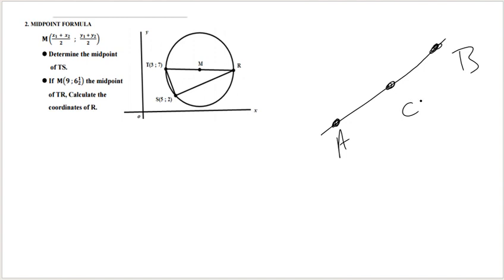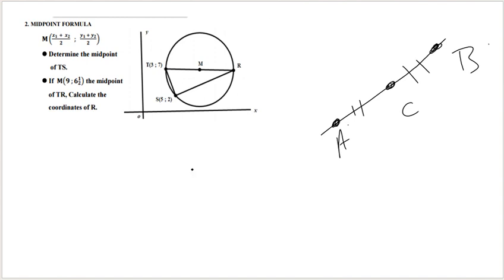C is the midpoint of this line segment AB if and only if the distance from A to C is equal to the distance from C to B. C is the midpoint if and only if this is the case.